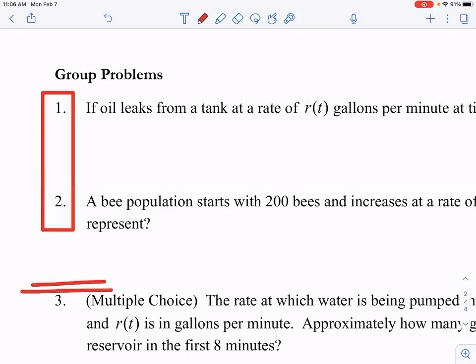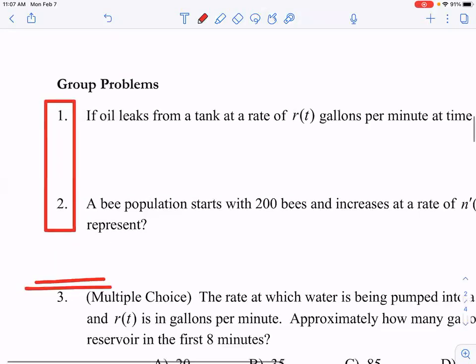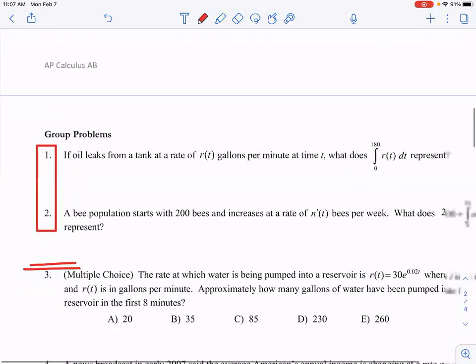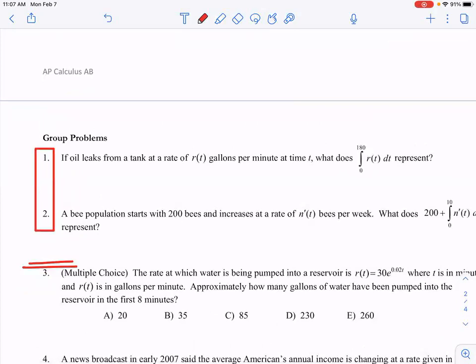What does the interval from 0 to 180 of r of t dt represent? So r of t is, so you're going backwards. Yeah.